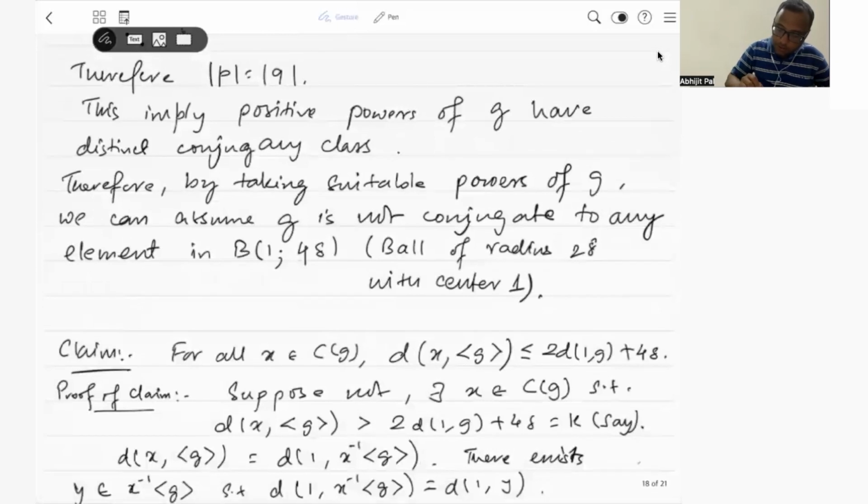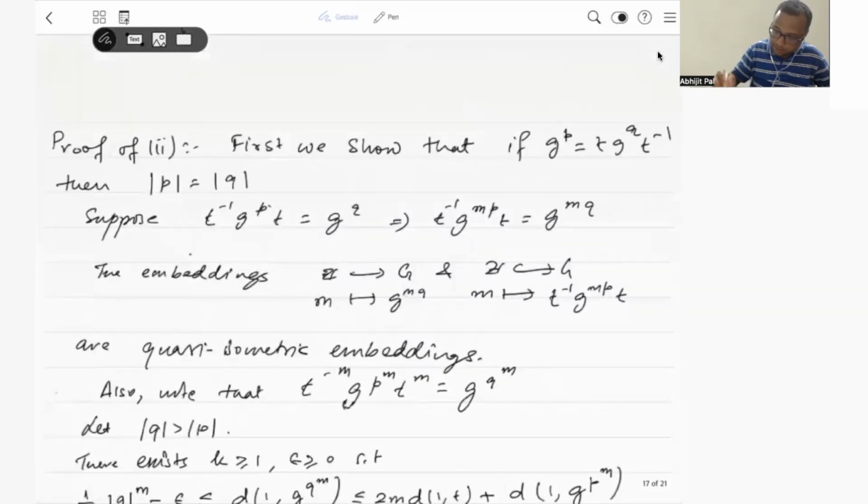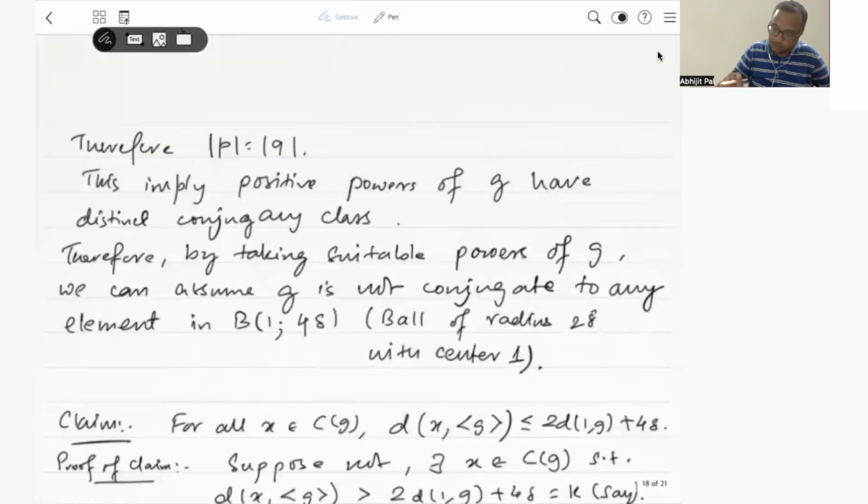Okay. So this will imply that positive powers of g have distinct conjugacy classes. This follows from this thing. We have shown that if g^p is equal to t g^q t^(-1), then |p| is equal to |q|. So if I take p and q to be positive and distinct, they cannot be conjugate to each other.